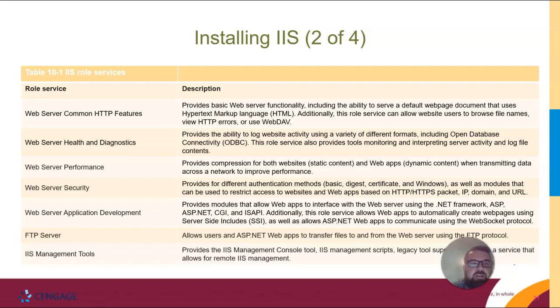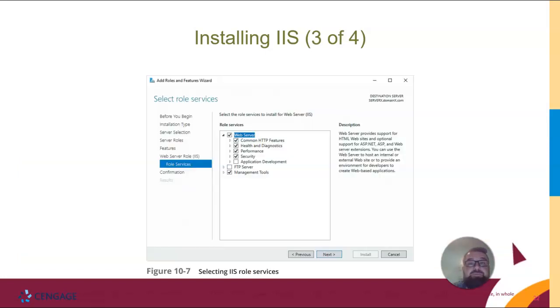So here's a table of all the role services. I'm not going to go through each one, but you can see there's common features, health and diagnostics, performance, security, application development, FTP, and then management tools. Here's what that looks like when you go to the role services.